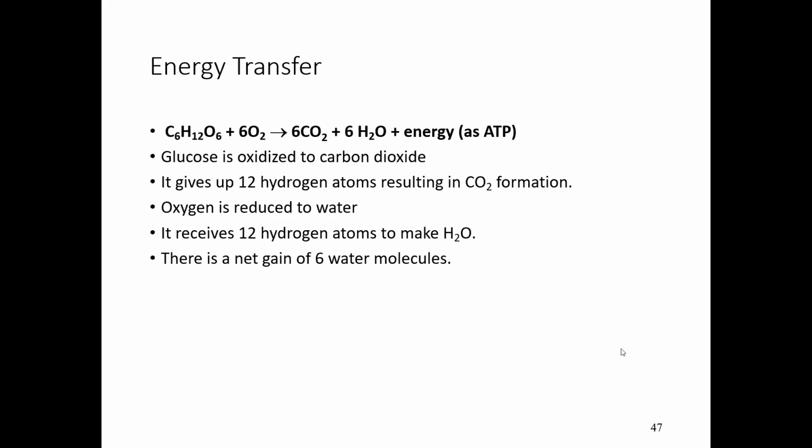It gives up 12 hydrogen atoms and 12 electrons. That forms CO2. Oxygen gains those electrons and those hydrogens and becomes water. Those 12 hydrogen atoms end up being attached to 6 oxygen atoms. And we get 6 CO2s and 6 waters.